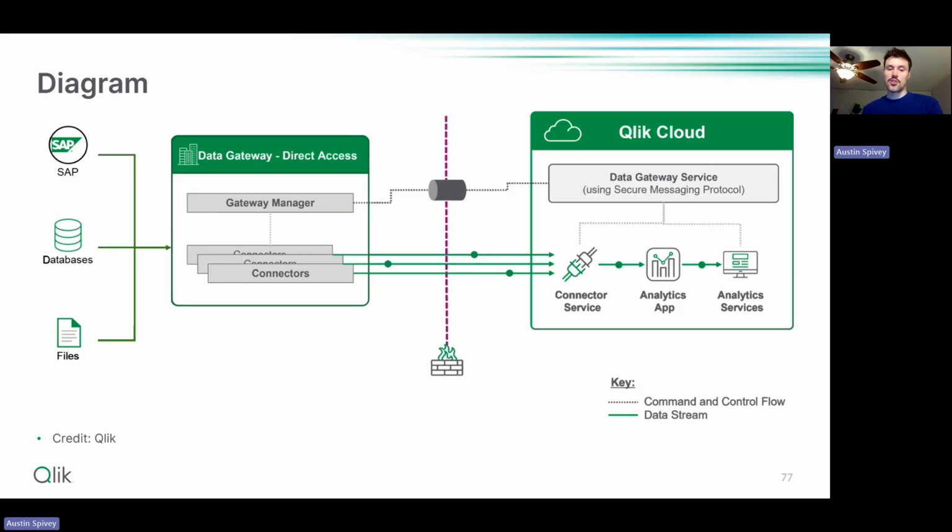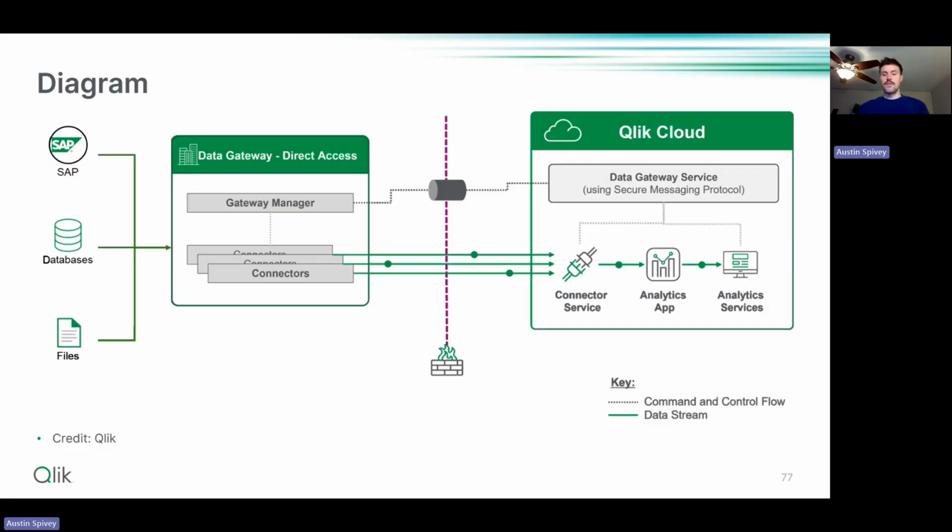And so you have those connections that Data Gateway is aware of, and then from Qlik Cloud, I would again go into an application. I would choose that I want to access my Microsoft SQL Server database using a direct gateway, and then I would choose the direct gateway that I have access to from that list, and then I would choose everything that I normally would: the database, the port, the server, things like that.